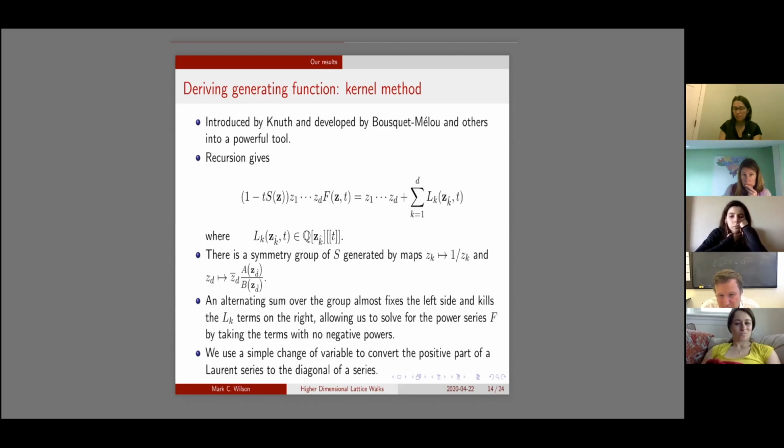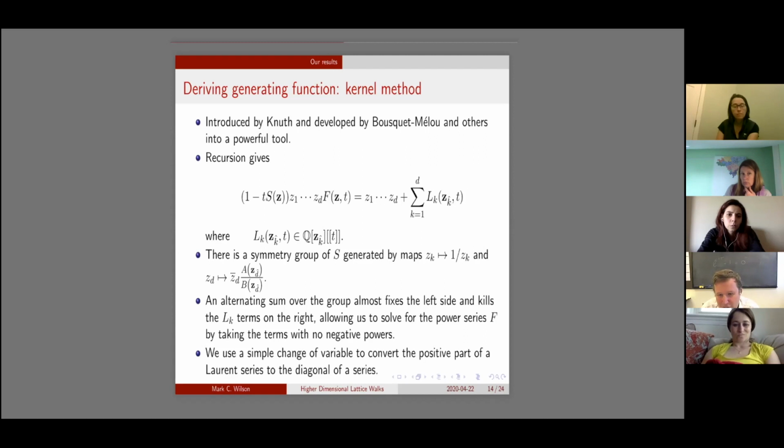Now the symmetry group G that I talked about before is generated by, in the symmetric case, you just invert the variable multiplicatively. And in the non-symmetric one, you do something slightly different. In fact, you're doing the same thing in every variable. It's just that it simplifies in the symmetric case to have a nicer formula. Now, if you apply the group elements to that equation and then sum in a carefully controlled manner, it turns out you almost fix one side and you kill off a lot of stuff on the right side.